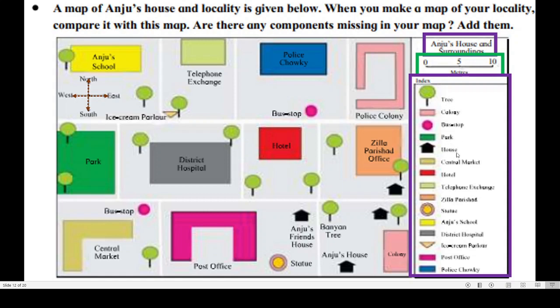This is house, so that we can read by using the index. We can read the map thoroughly. Here you can see the roads too. Am I right? So this is a perfect map because it has all the 4 things, that is directions, title, scale and index.